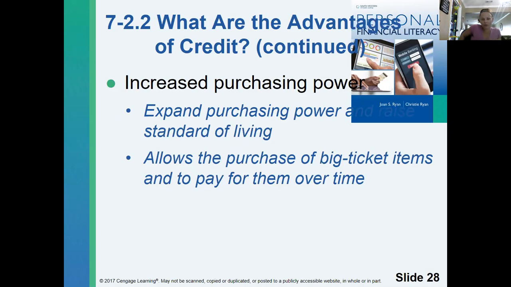It allows you to buy things you couldn't afford with the money you have in your account. Even a car, a lot of people can't just pay $20,000 or more, depending on what kind of car you're getting, for a new car. So credit allows you to increase your standard of living and buy things that you don't have money for right now.